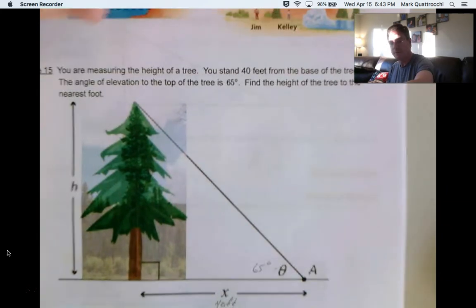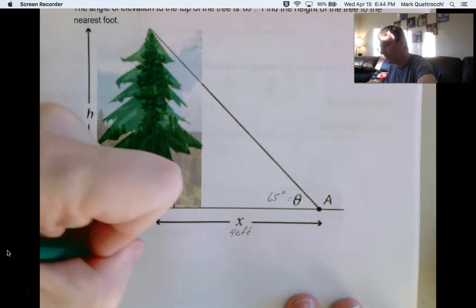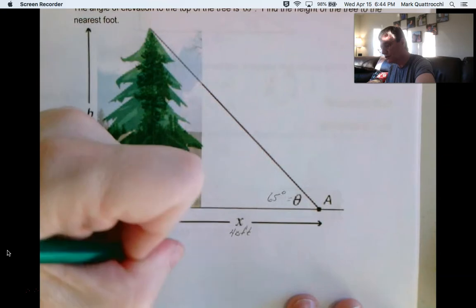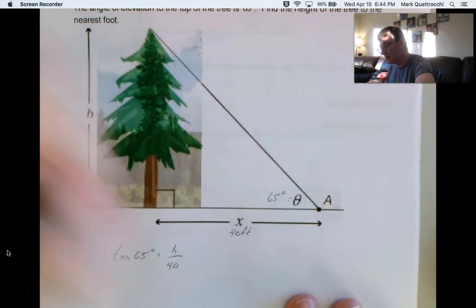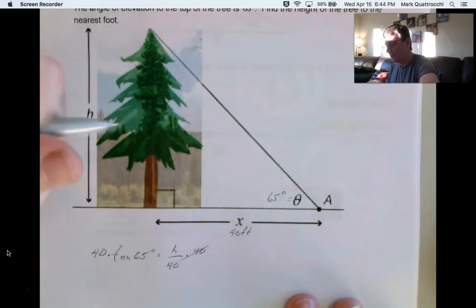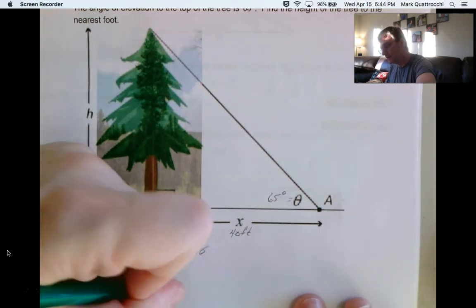Tangent of 65 degrees equals h over 40. Multiply both sides by 40. h equals 40 tangent 65 degrees.